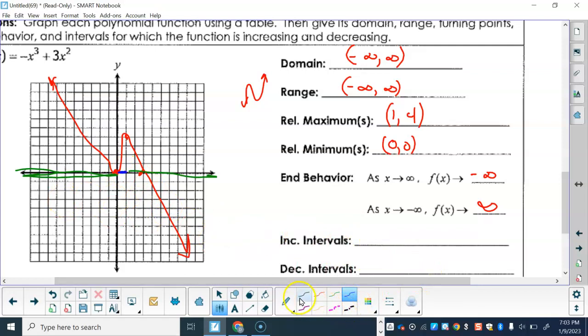So, for our intervals, from negative infinity to 0, that is a decreasing interval. That's the first part of the journey here. Boom, it turns direction there and goes from 0 to 1 right here at the maximum, changes direction and starts to decrease. So I got to union this together. It's decreasing from 1 to infinity.